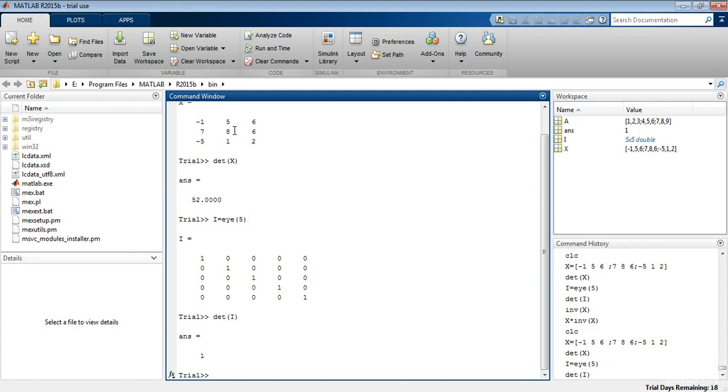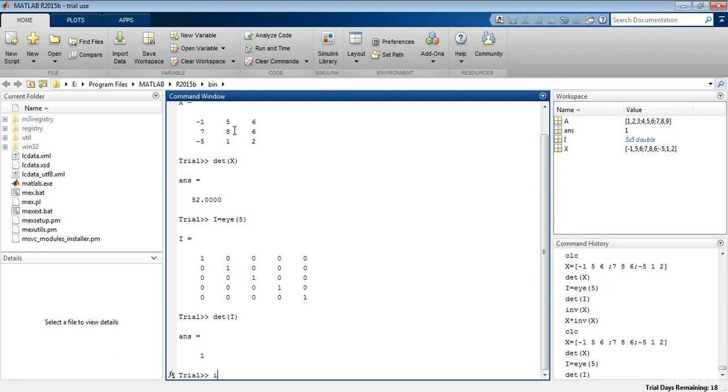To solve a system of linear equations, you must use the inverse matrix operation. For 2 by 2 and 3 by 3 matrices, you can do that manually, but for bigger matrices, you can't calculate them manually. The inv function is another MATLAB built-in function that performs this task easily.